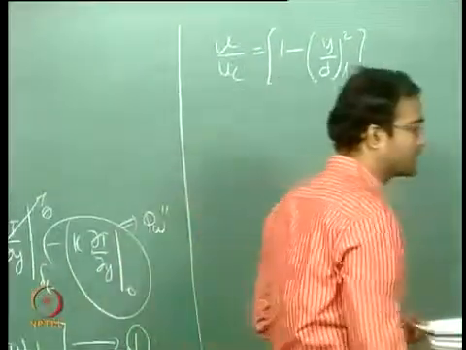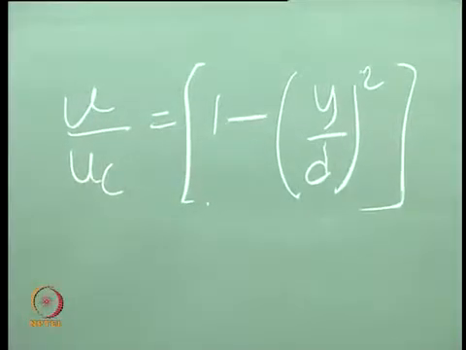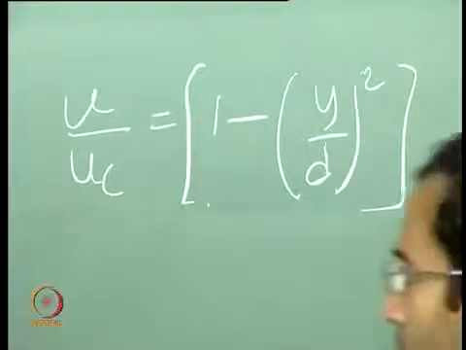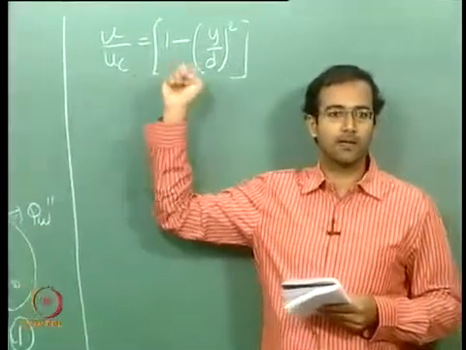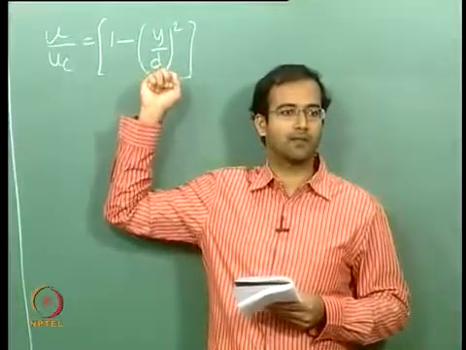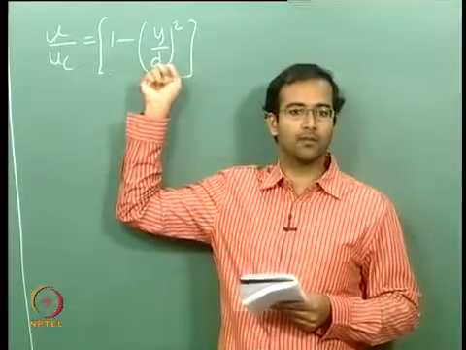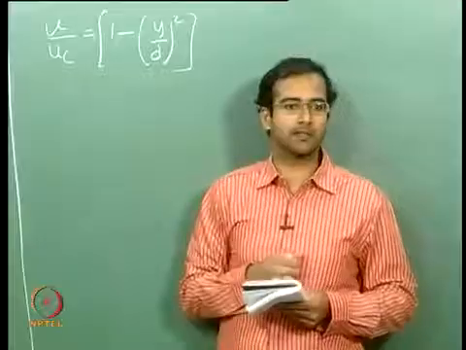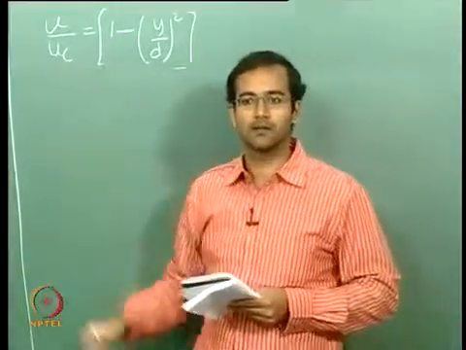I have not derived this, okay. I have derived the velocity profile only for the circular duct, but if you do this for the Cartesian coordinate system, you will get a very similar velocity profile which is like this. So instead of r naught you will now have the half separation distance d in the denominator, and this is your centerline velocity.